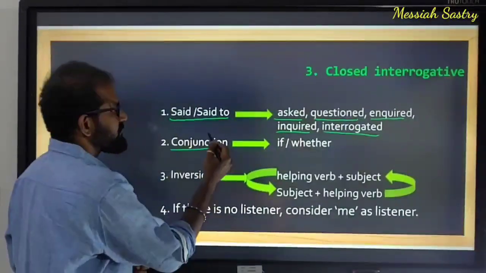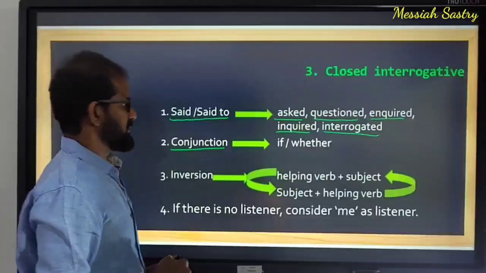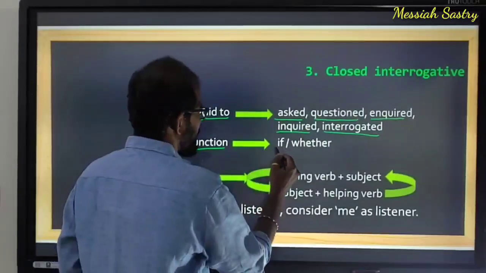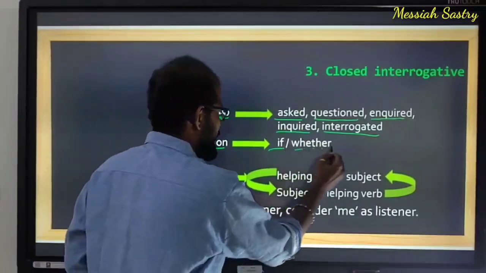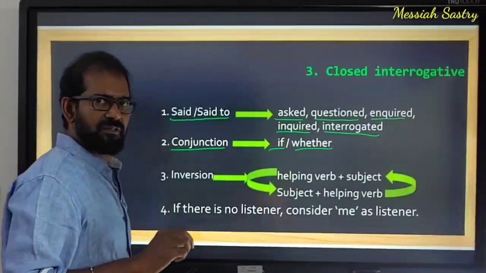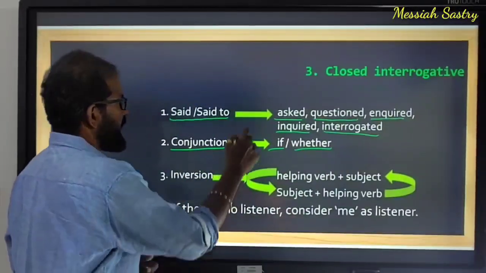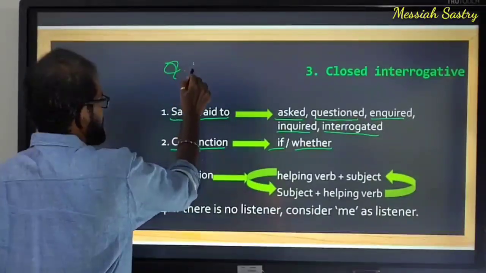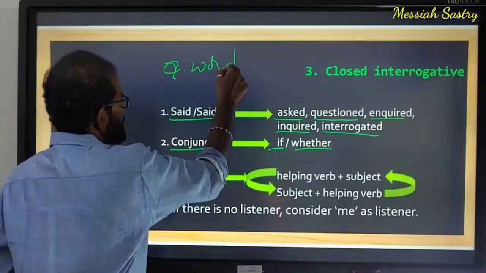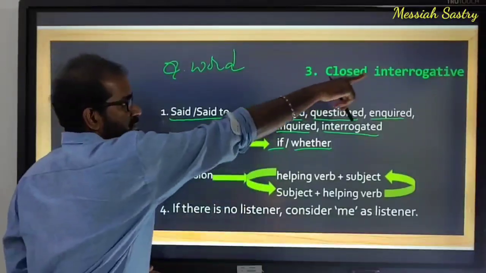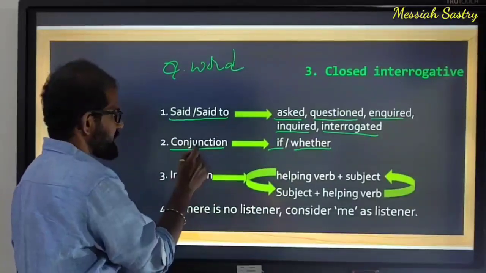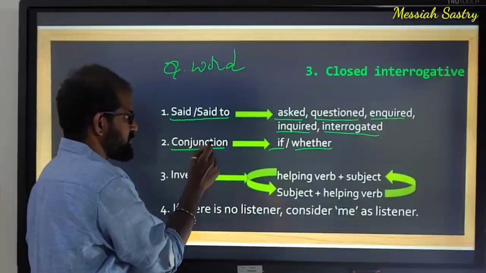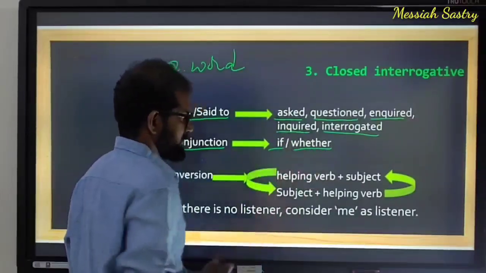The conjunction for the closed interrogative sentence has two options, if or whether. We can use if, or we can use whether. In an open interrogative sentence, we used the question word as the conjunction, but in a closed interrogative, we need to remember the conjunction, if or whether.